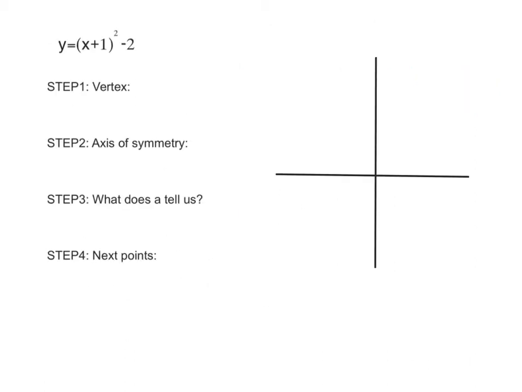Okay, so let's look at the equation y equals x plus 1 quantity squared minus 2. I'm just going to write above this, vertex form, just as a reminder, so we can remember what our pieces are. So let's start with our vertex.